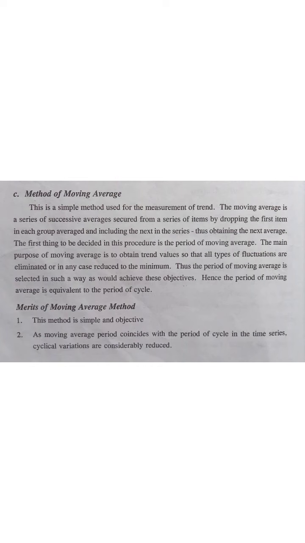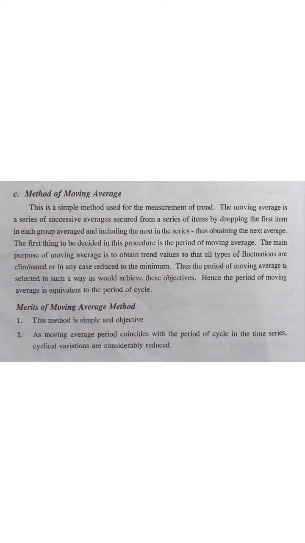You are going to drop the first item, and then move the average. The main purpose of moving average is to obtain the trend value so that any type of fluctuations get eliminated. Thus the period of moving average is selected in a way that would achieve this objective. Hence the period of moving average is equivalent to the period of a cycle.